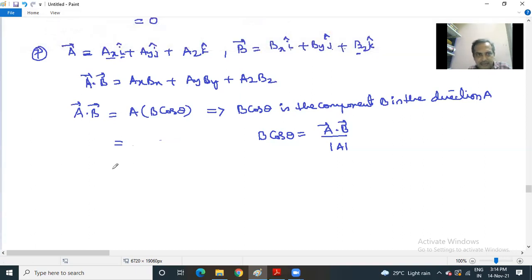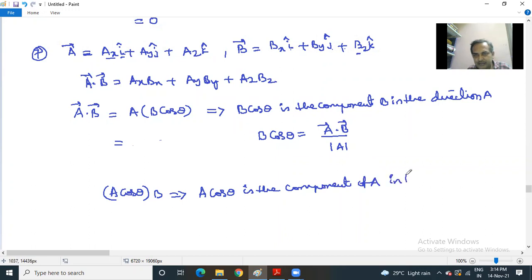Now you can also write this as A cos theta into B. A cos theta is the component of A in the direction of B. So A cos theta is equal to A dot B divided by mod B. You may expect numericals based on this formula.